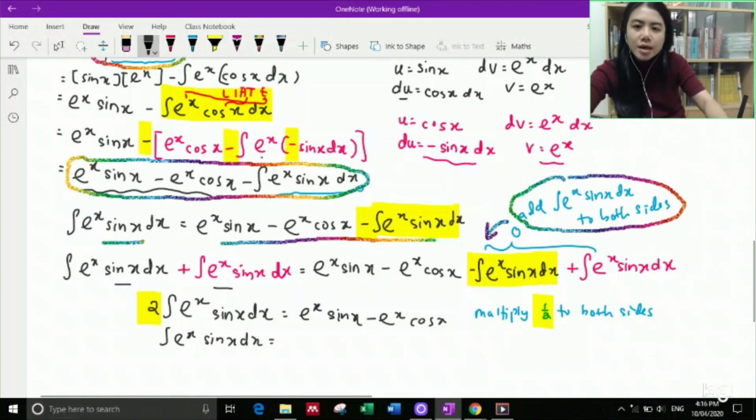The right hand side, we have to do the same thing, because we say that we want to multiply 1 over 2 to both sides. So if you multiply with 1 over 2 to the right hand side, you will have 1 over 2 here.